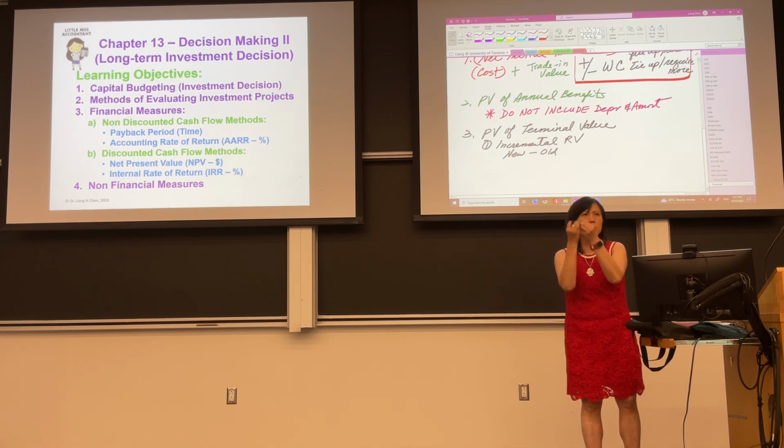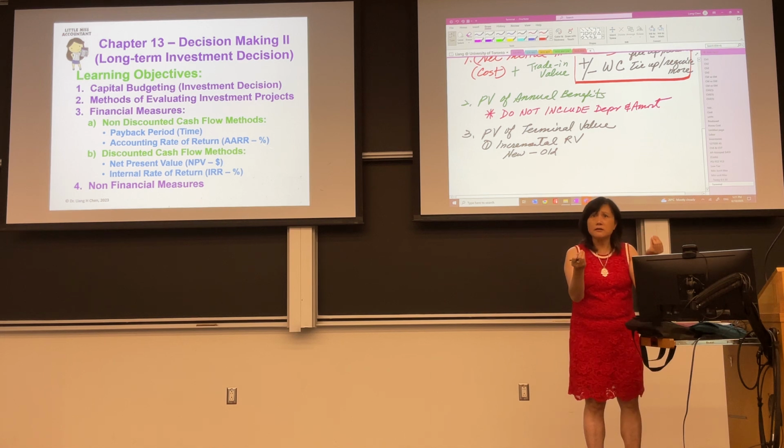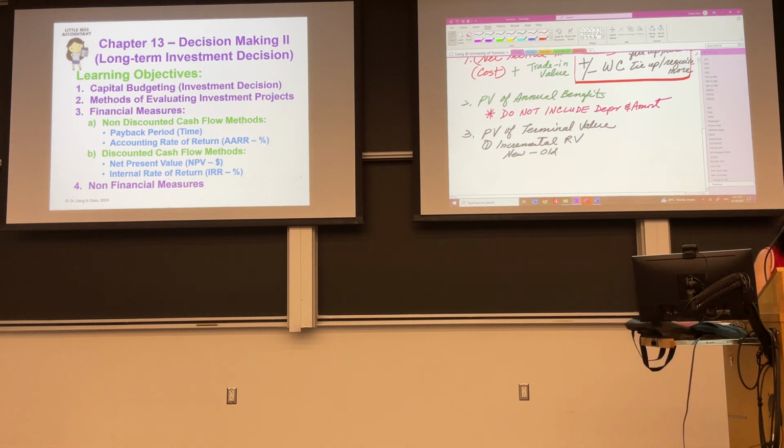The new equipment also gives you $5,000 back. So you take the new minus the old. New gives you 5,000, the old gives you 5,000. You're not better off, you're not worse off. There's no difference. There's no incremental. They're the same.